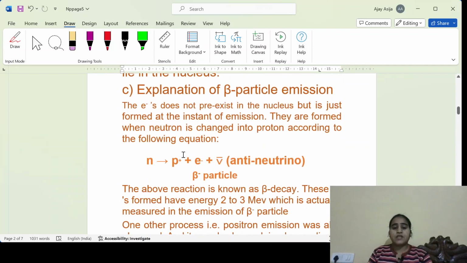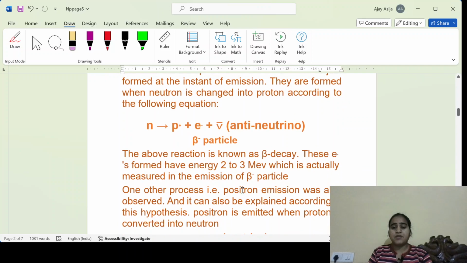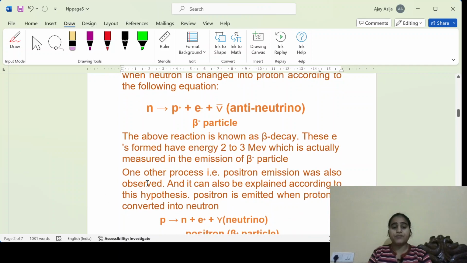The electrons which are emitted here have energy 2 to 3 mega electron volts when calculated by energy considerations of this process, and this was the same as the experimentally measured value in the emission of beta negative particles.